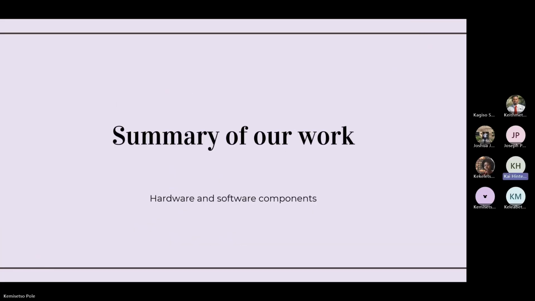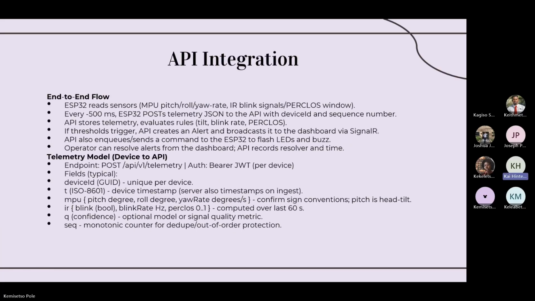And now moving on to the summary of our work. First, we'll start with the API integration. Now, the API is essentially just the final puzzle piece to our project that connects everything together. So the glasses will send data every half a second, and the API will check for warnings if something looks wrong, and looks wrong in the sense of there's dramatic head movement or the eyes have been closed for an extended period of time.